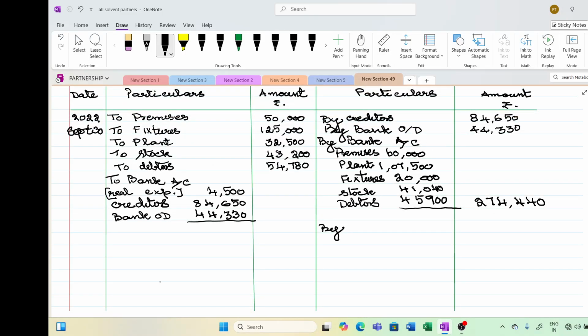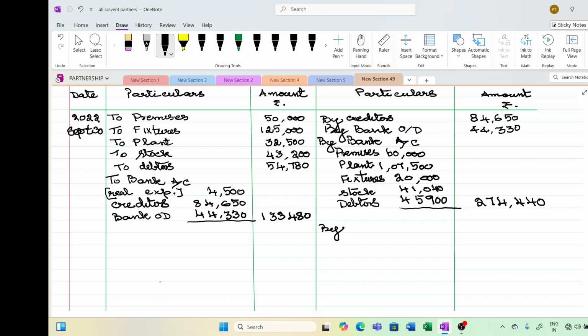Generally when there is an insolvency, there will be a loss. It need not be a loss, but in your question, generally it will be a loss. Here I am writing 1,33,480 in total. Now we are going to total this amount: 1,33,480, 50,000, 1,25,000 plus 32,500 plus 43,200 plus 54,780.